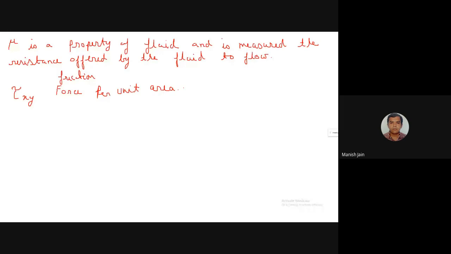This is a second order tensor quantity. Pressure is a scalar quantity. Hydraulic pressure is a scalar quantity because in all directions you will feel the same pressure at a given point.